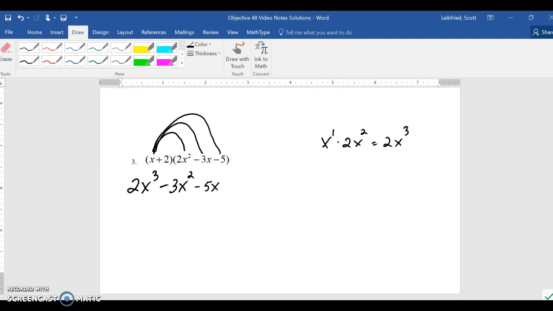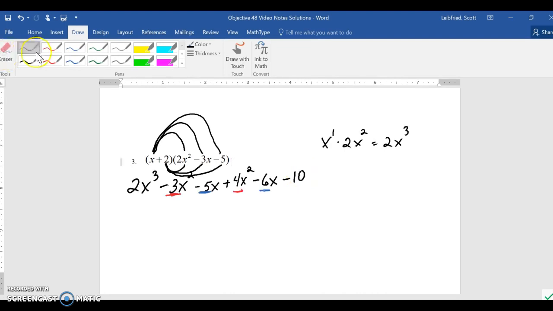And then for the second term, the positive 2, I draw it underneath to help me keep track. Positive 2 times 2x squared is 4x squared. Positive 2 times negative 3x is negative 6x. And positive 2 times negative 5 is negative 10.